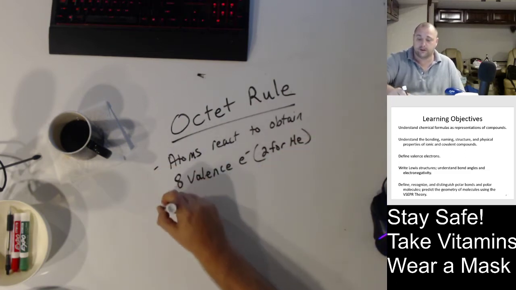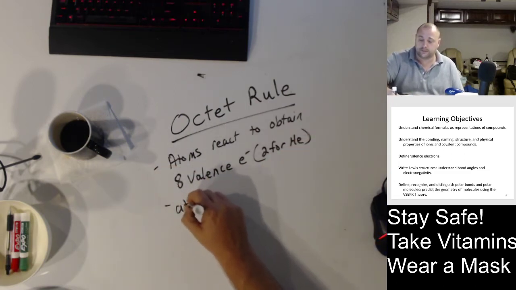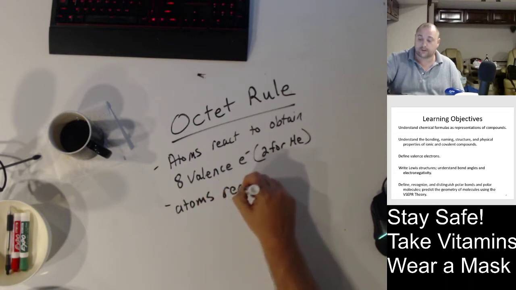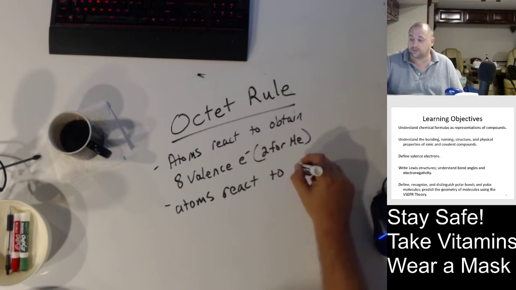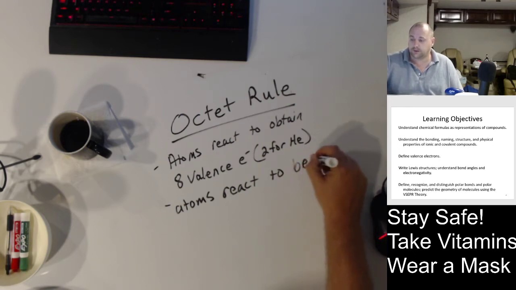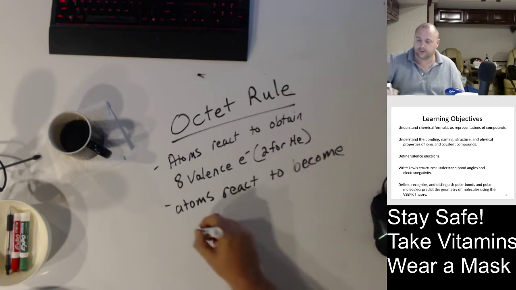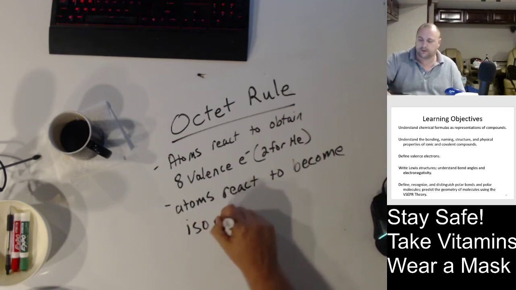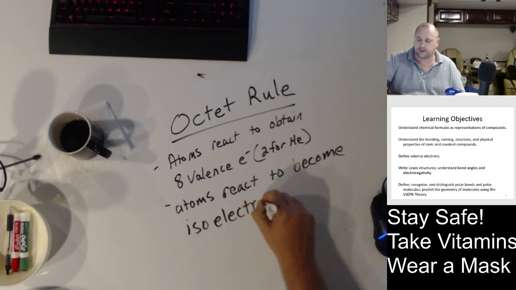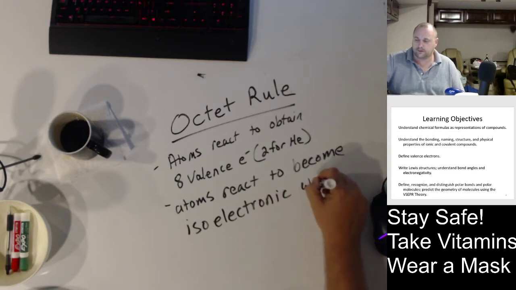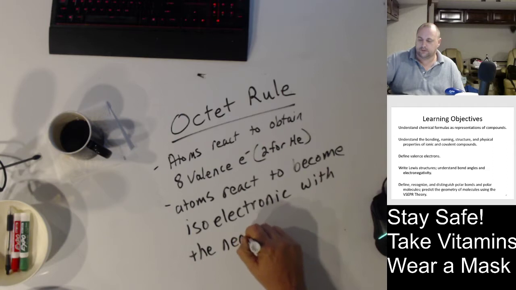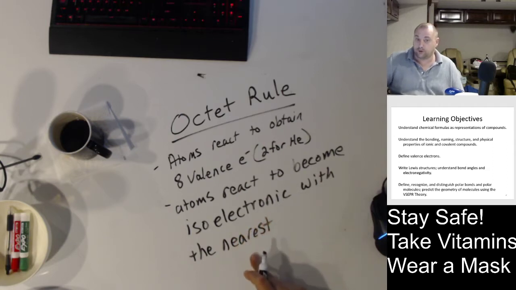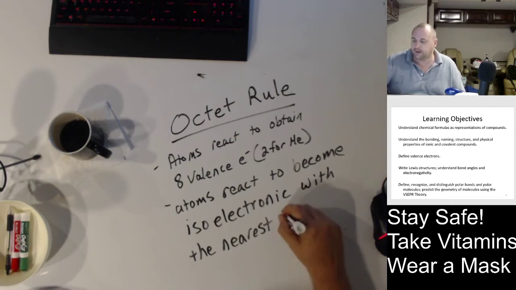We can say atoms react to become, I'm going to use a fancy word here, isoelectronic with the nearest noble gas. In other words, you can go forward, you can go backwards. It's not necessarily the last one you pass, like when we did electron configuration.